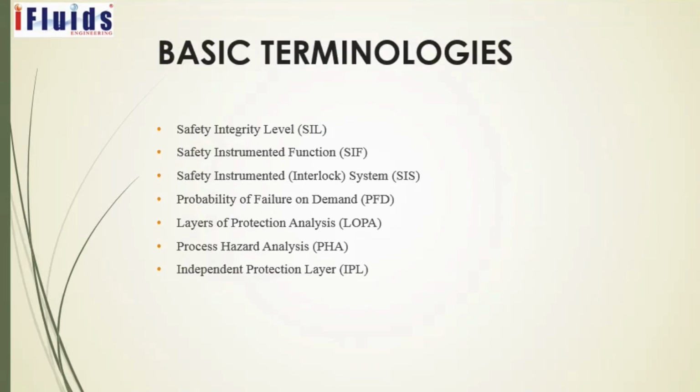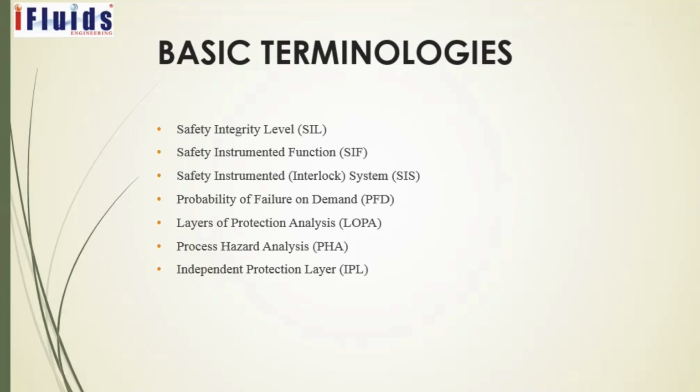Okay. So let us have a small look at the basic terminologies we are going to use in this presentation. Safety integrity level is the SIL. Safety instrumented function, SIF. Safety instrumented system, that is the SIS. It's about the interlock. Probability of failure on demand is PFD. LOPA, already we have mentioned, is layers of protection analysis. Process hazard analysis is PHA.